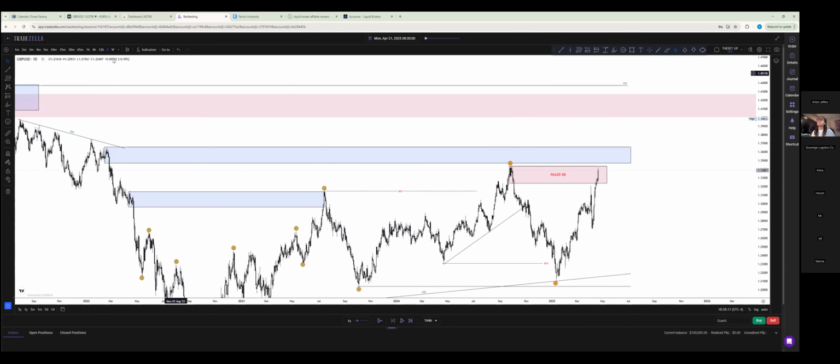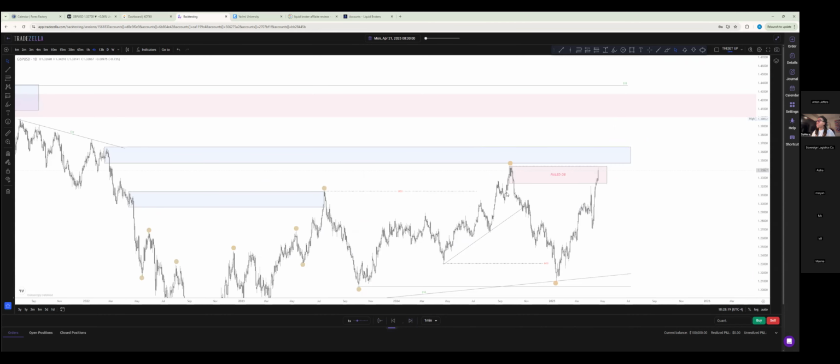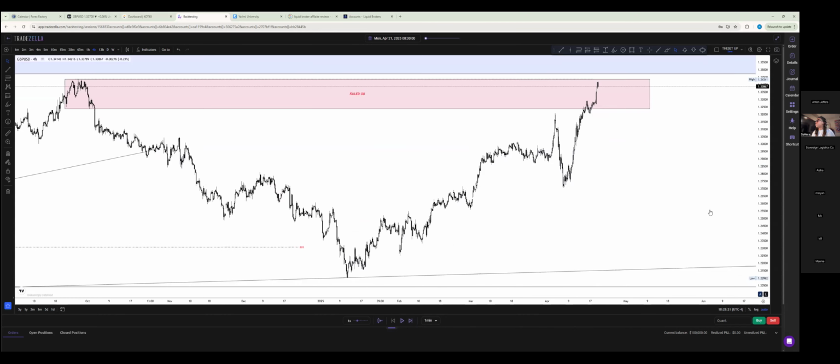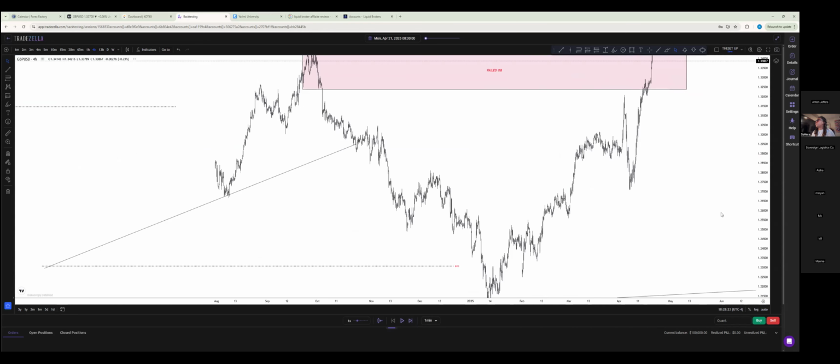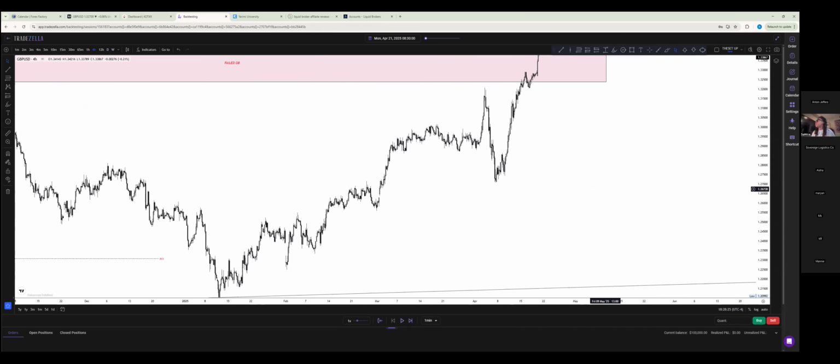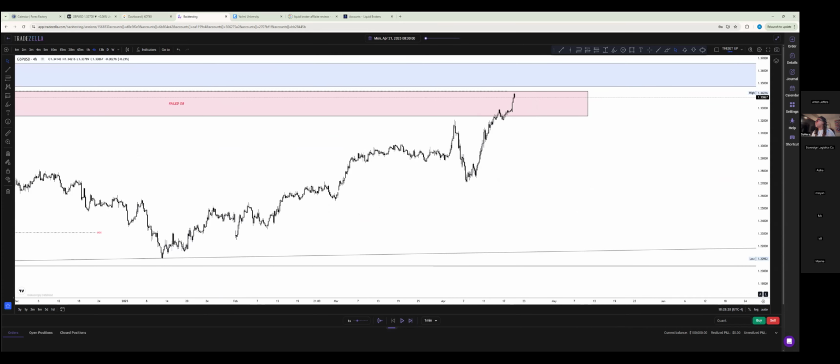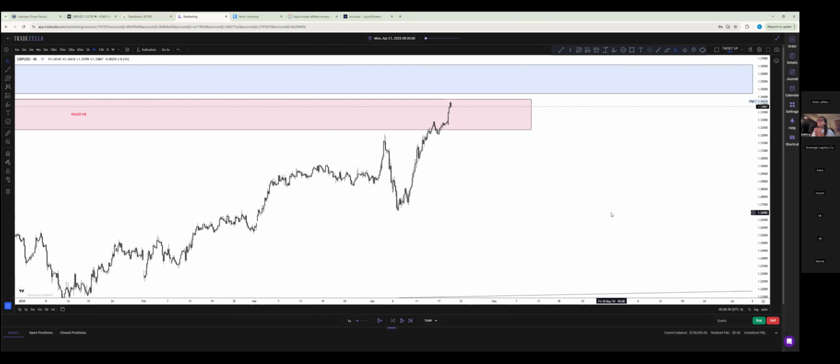All right, so now let's go down to 4 hours. So from the weekly, daily, I like to jump to my 4 hour. I've already marked my zones. I already have an idea of what I'm expecting. Boom. So now in the 4 hour, this is where we're going to mark another structural zones. You want to stay with price action and what's in front of you. Got this high, got this low.